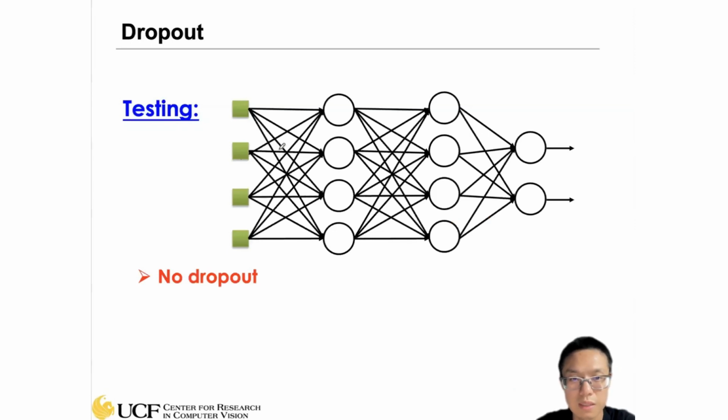So we can train in this way. The rationale behind it is that, if you always keep all the neurons there, maybe some of the neurons try to team up to accomplish a goal, right? So they depend on each other, right? These 3 or 4 together try to capture some important information. But in the ideal case, we want each neuron to be able to learn or discover some of the information from the data, right?